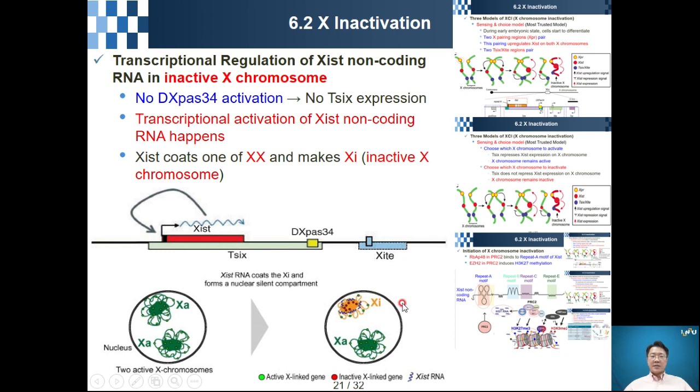So this is the transcriptional regulation of cis non-coding RNA in the inactive X chromosome, because there was no DXPAS34 activation. It means that there is no TSIX expression.